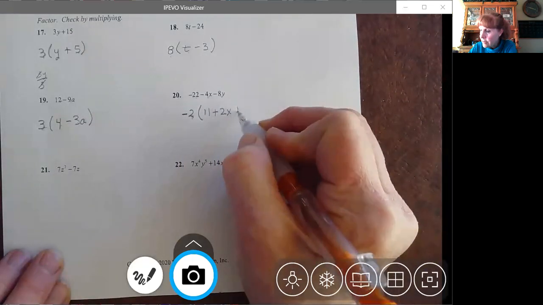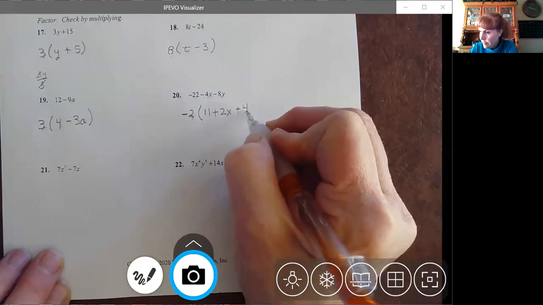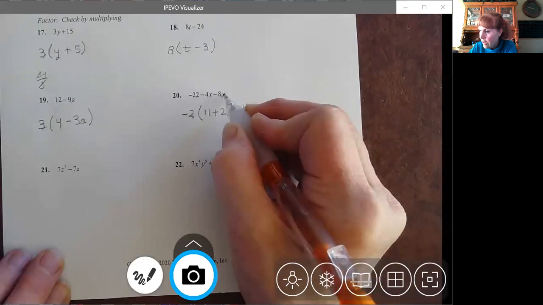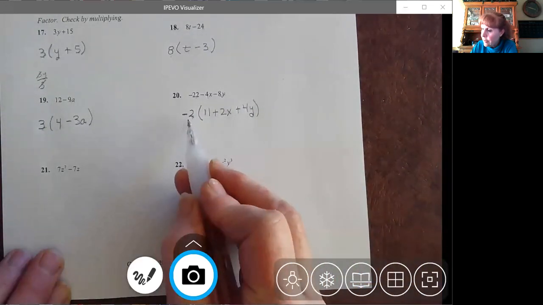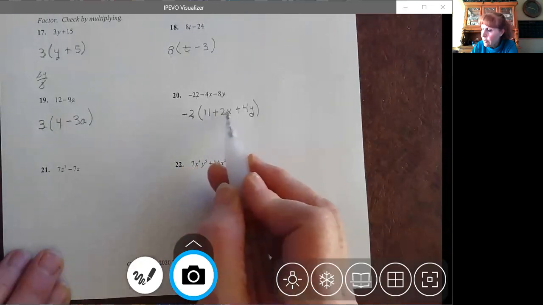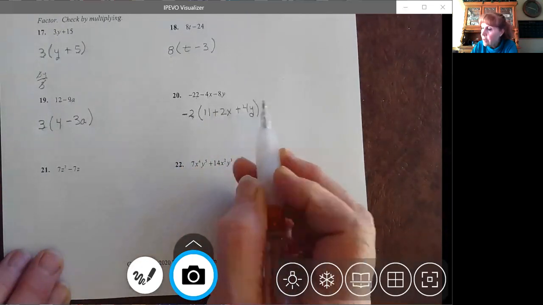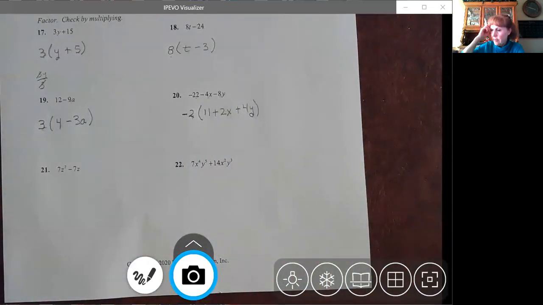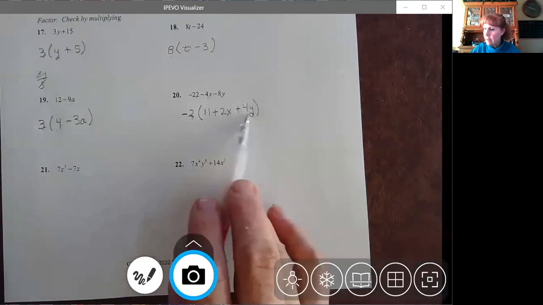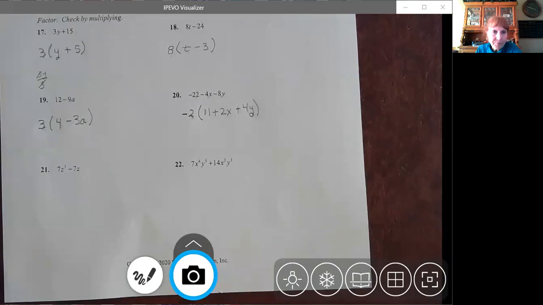That gives you a positive 4. Why? Because you still have that y there. It didn't cancel out. And sure enough, a negative 2 times a positive 4y is a negative 8y. And so you're done. So if you have all those negatives, it's kind of nice to pull out a negative. It makes this a lot easier to look at inside. Multiply it out and check it.